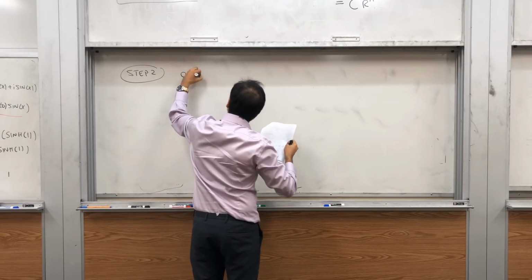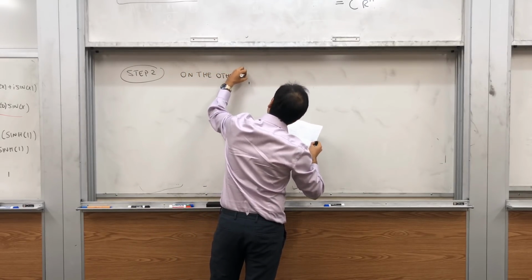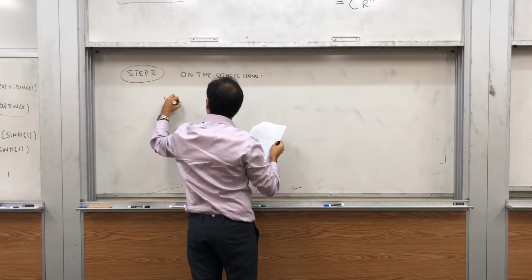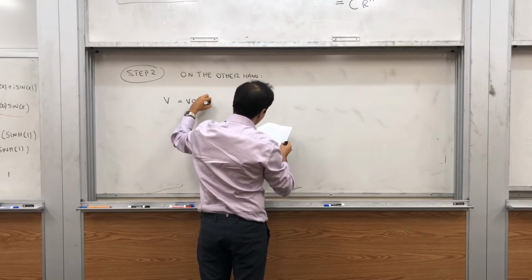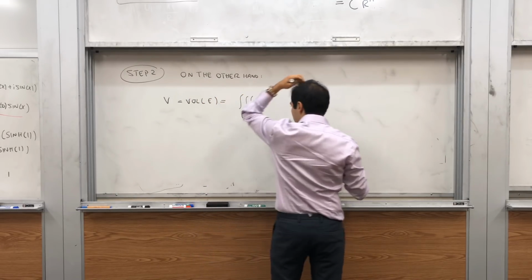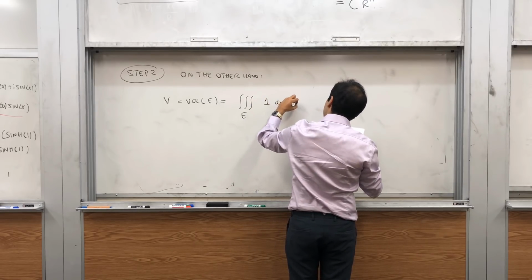On the other hand, V again was the volume of the ball. And that is the mth integral, again think if you want triple integral, of 1 dx1 up to dxm.